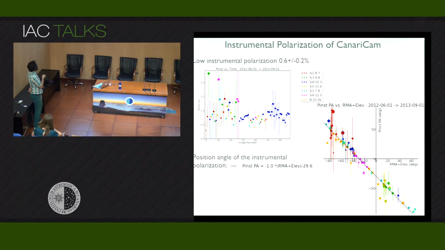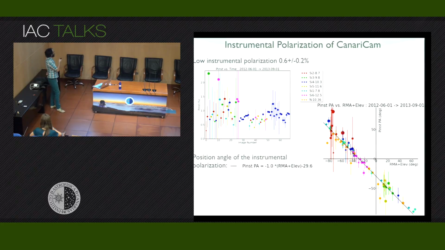Here I show the instrumental polarization versus time with some of the commissioning data. For the very low signal-to-noise observations we have very big error bars, but if we use the median for a very high signal-to-noise ratio, the instrumental polarization is around 0.6 plus or minus 0.2%, which is very low.